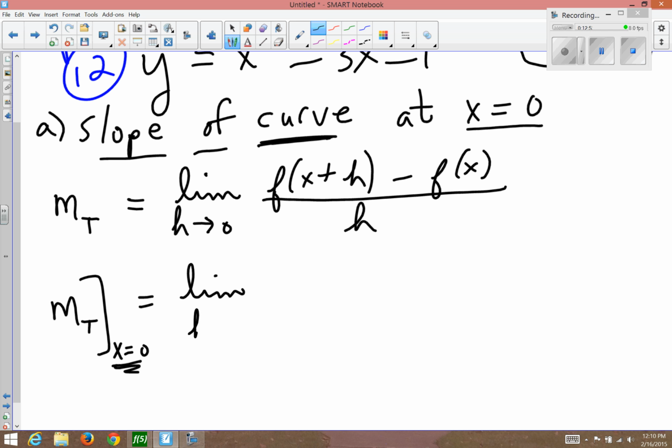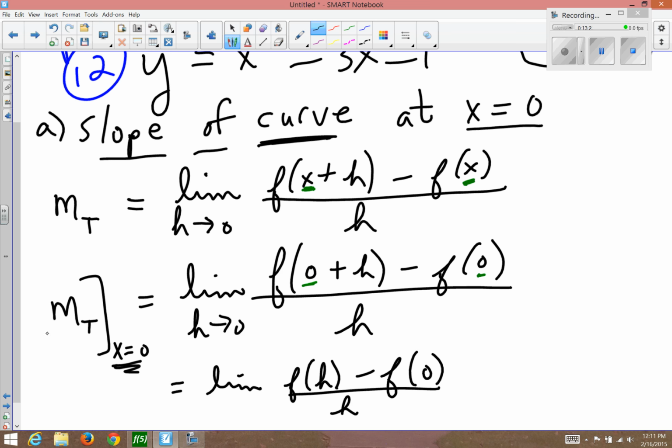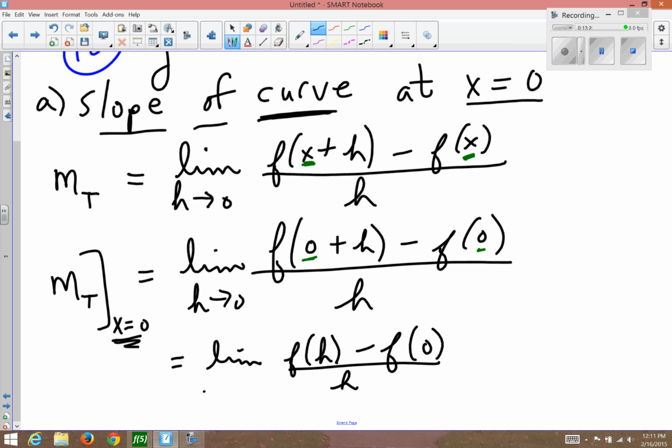The limit as h approaches 0 of f of 0 plus h minus f of 0 all over h. So right here and here, we put 0. This equals the limit of f of h minus f of 0 all over h, as h approaches 0.